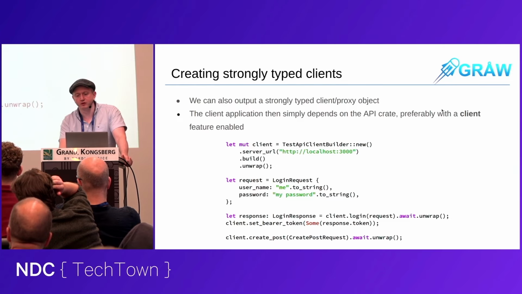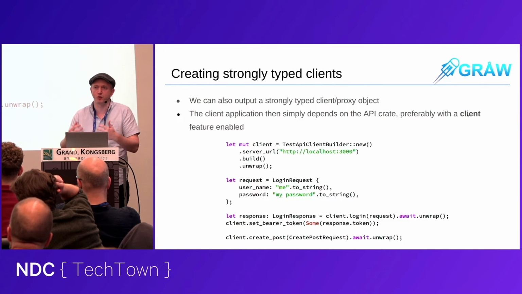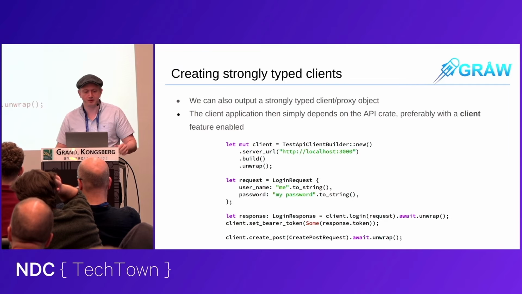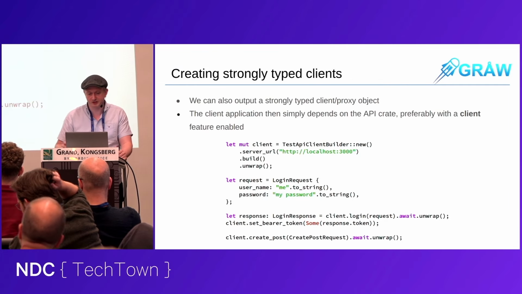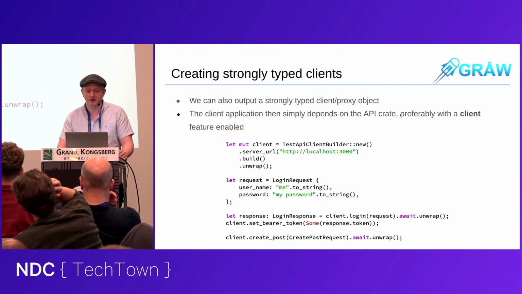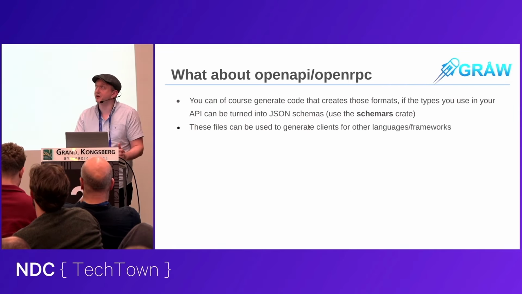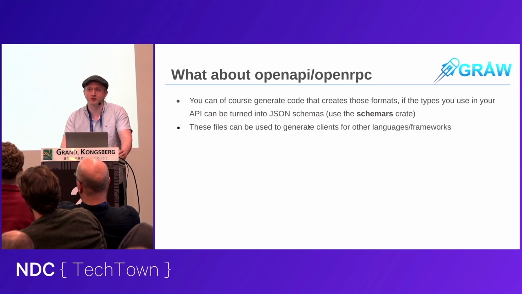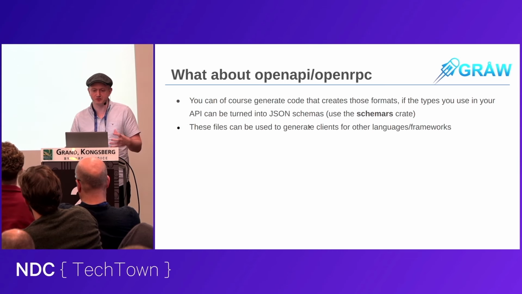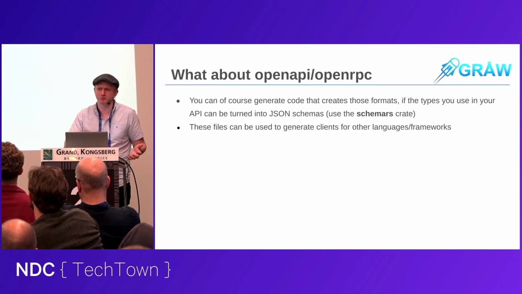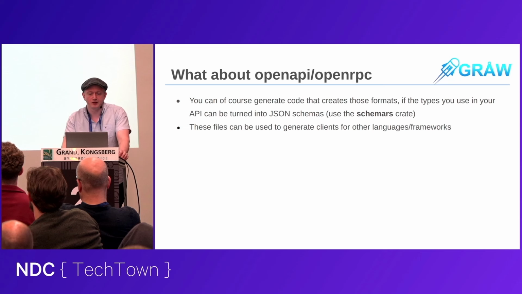You should use feature flags so that you don't force the client to build the server, and vice versa. You can selectively enable client and server features when you depend on the crate. And of course, you can also then generate OpenAPI and OpenRPC definition files, which are just JSON objects describing an API. I'm sure people have heard about OpenAPI.